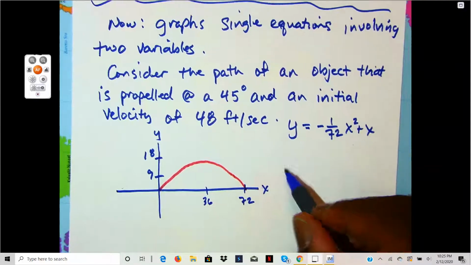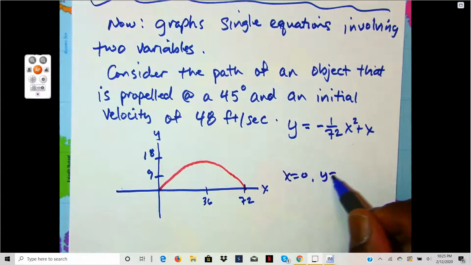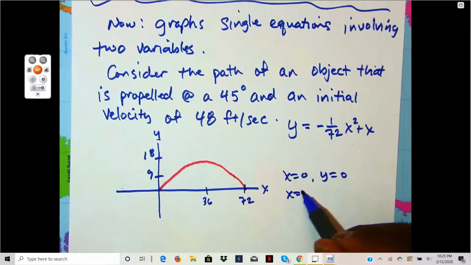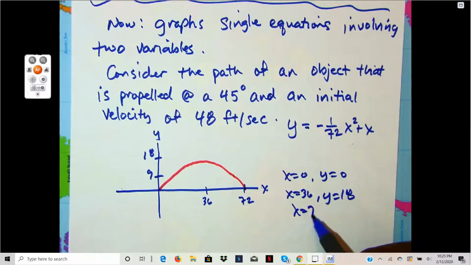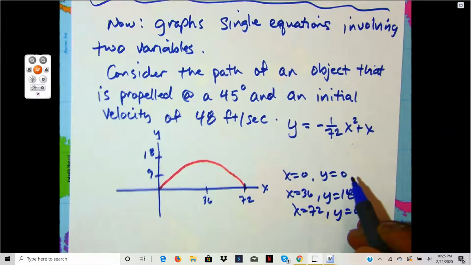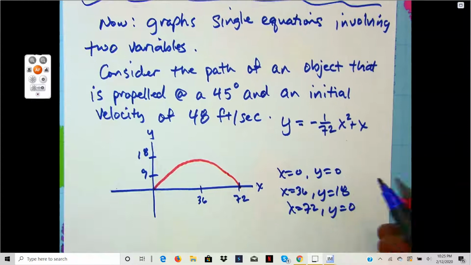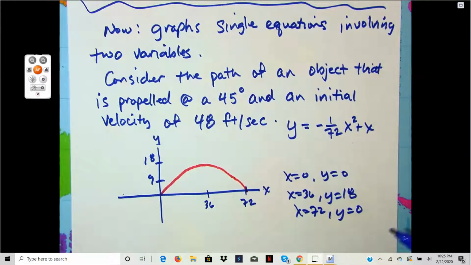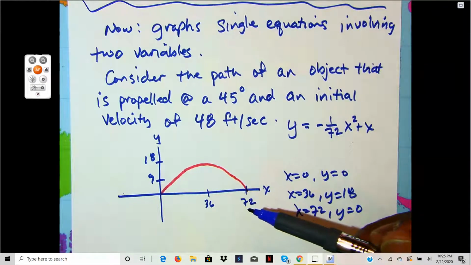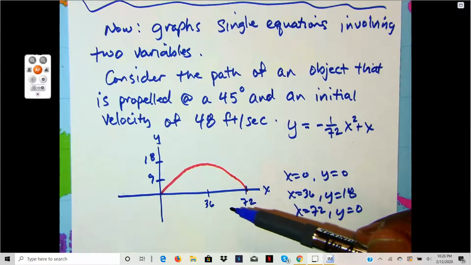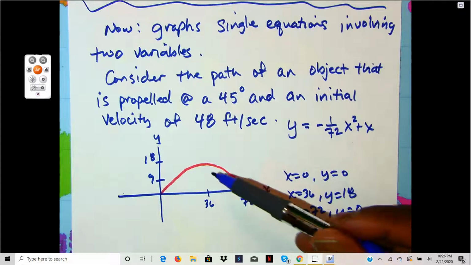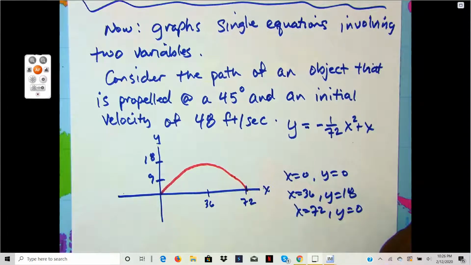Okay, so at x equals 0, y is 0. At x equals 36, y is 18. At x equals 72, y is equal to 0. So this graph does give us information. What if we wanted to know instead at what time does the graph reach 18 feet?